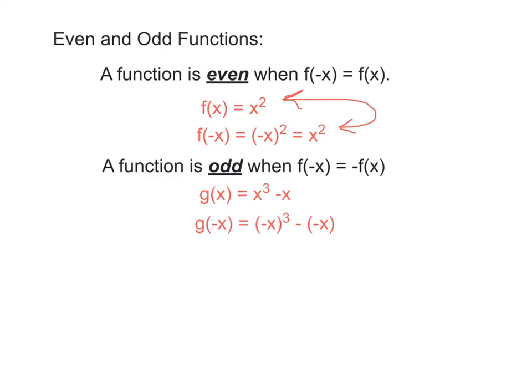And now if I plug in minus x for x in this function, I'll have minus x in parentheses cubed minus a minus x in parentheses, which yields minus x to the third plus x, which is simply the negative of the original function. So therefore, this function is odd.